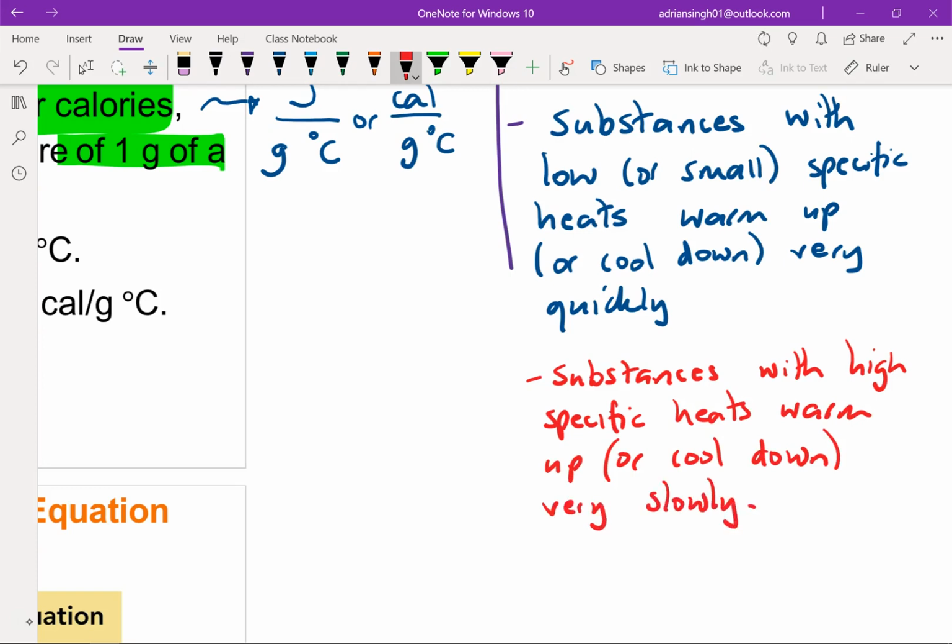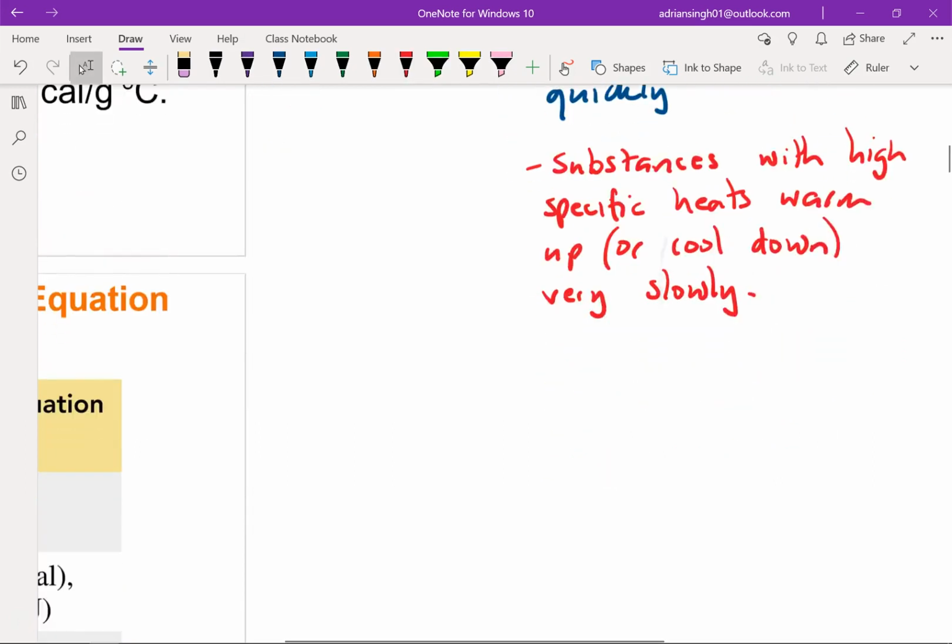So in other words, substances with high specific heats, you need to provide a lot of heat energy to increase the temperature of 1 gram of that substance, whereas substances with low specific heats, you really only need to provide a small amount of energy to increase their temperature.